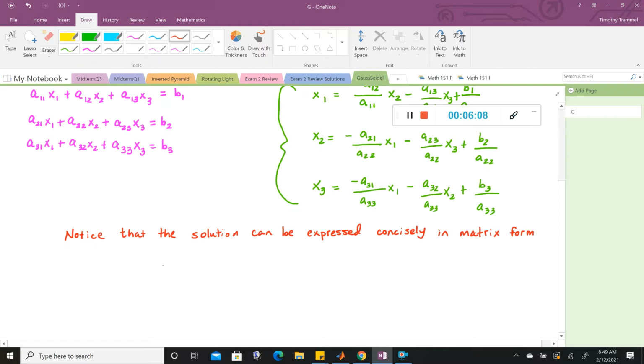And let's see what that is. X is equal to D minus the matrix C times X.